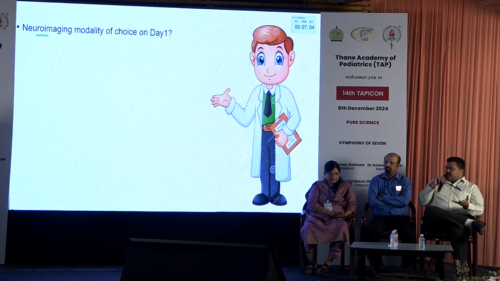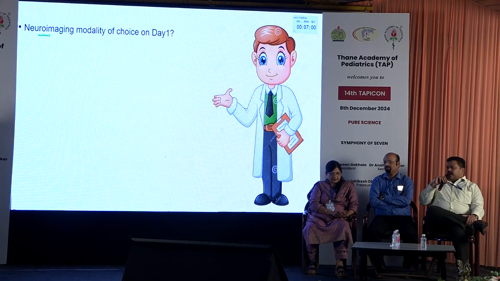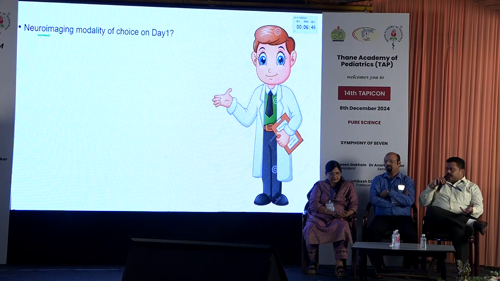So this child has come with raised ICP features probably, and the child is encephalopathic, right? And the child has got only lower limb involvement. So when we have only lower limb involvement, usually the involvement is spine. But a child with spinal involvement should not have features of encephalopathy or papilledema.